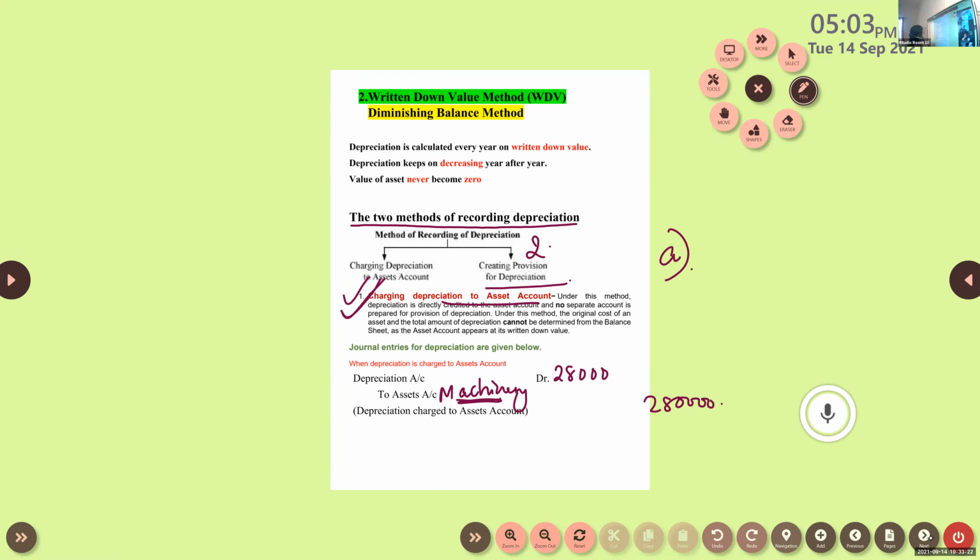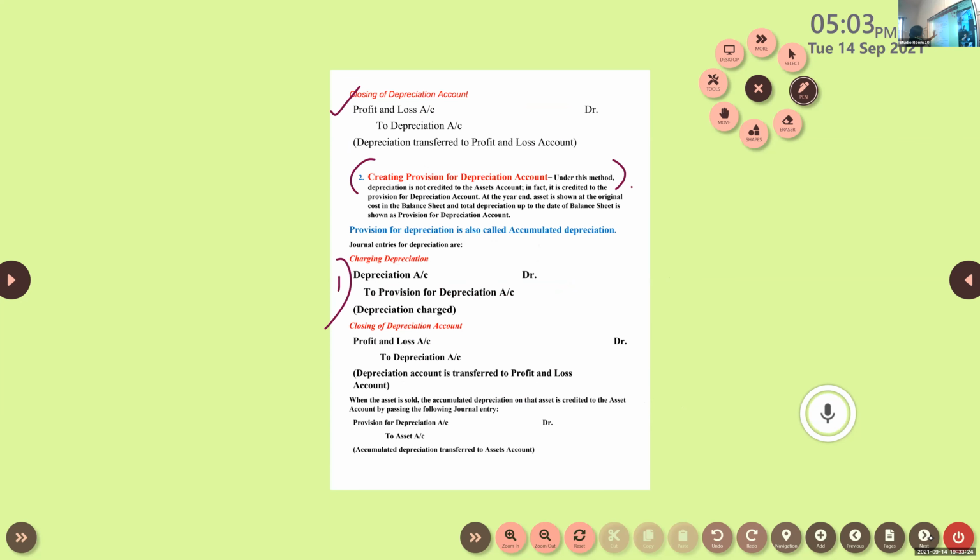But in the second case, we are not doing anything with the asset account. Instead of that, we are opening a new account. And what is that called? Provision for depreciation account. Understood? Is that clear?